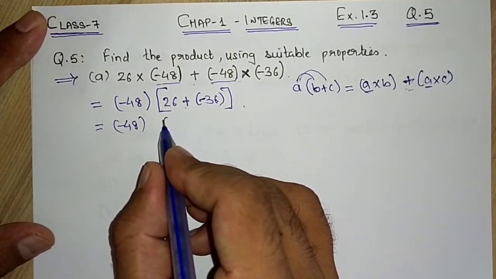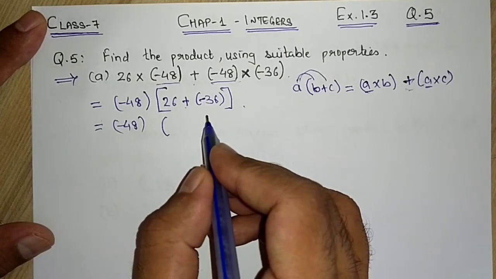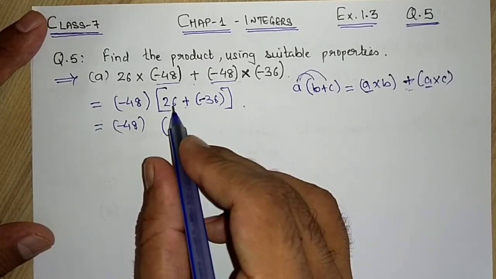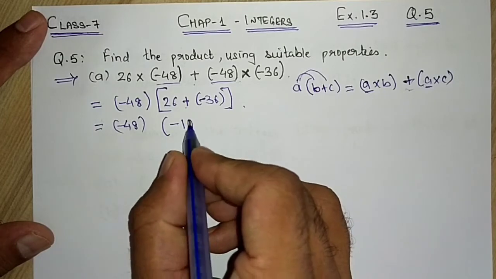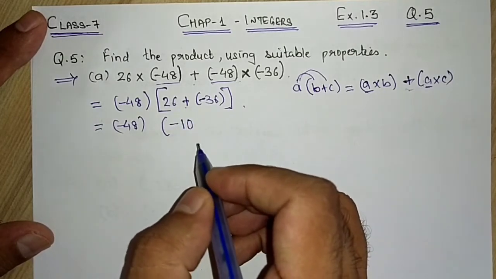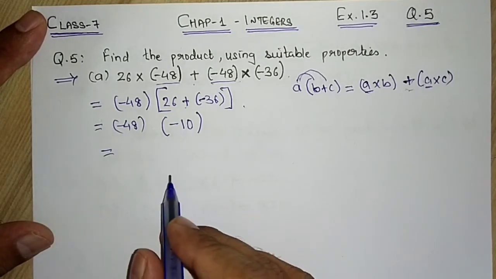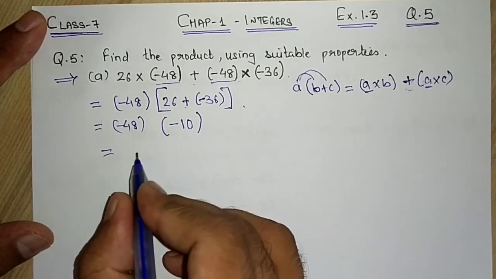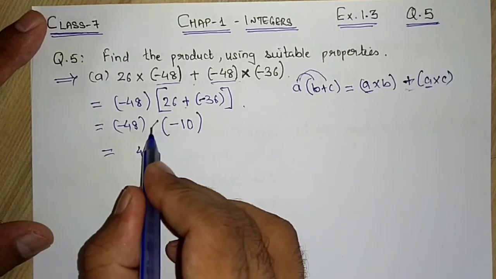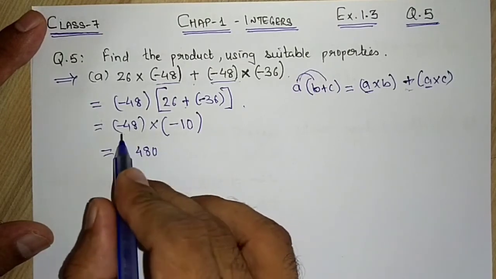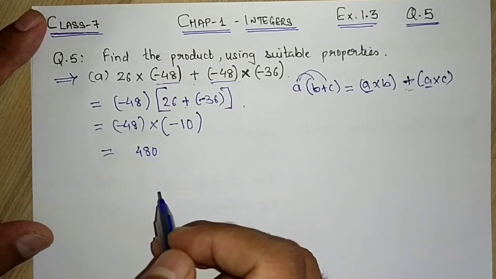What we do is subtract the numerical values and keep the sign of the larger value. So 26 minus 36 will give me minus 10. 36 minus 26 is 10 and the minus sign. Now multiply 48 into 10. 48 into 10 will be 480, and since it is 2 negative integers, it will become plus.